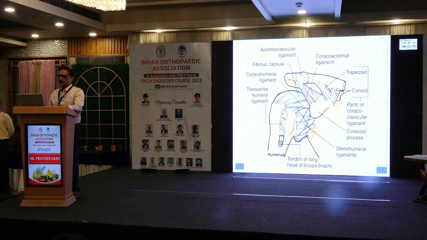The acromioclavicular joint is between the acromion and clavicle, and the coracoclavicular ligament is between the coracoid and clavicle, in two parts, the trapezoid part and the conoid part.